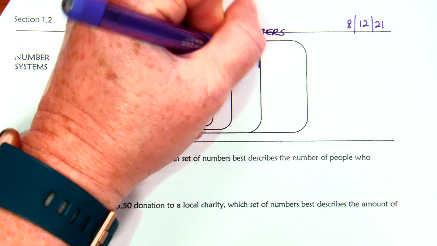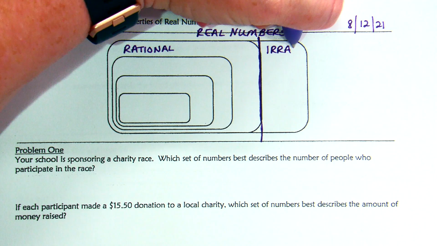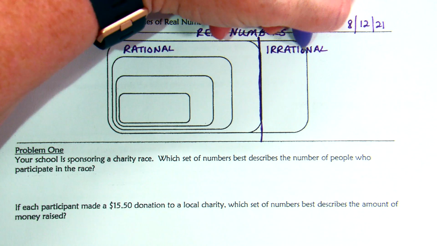To the left, this whole side are rational numbers. To the right, this whole side is irrational numbers. So all real numbers are either rational or irrational. If I give you a real number, it has to be one or the other.